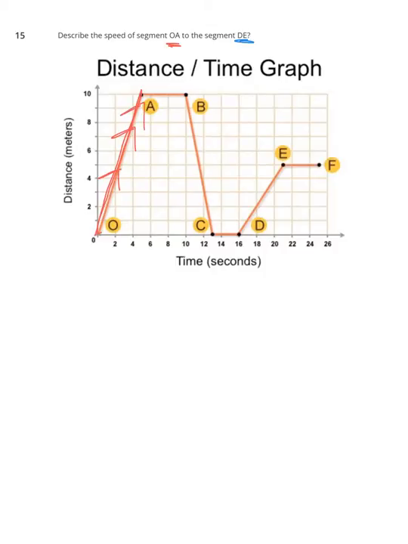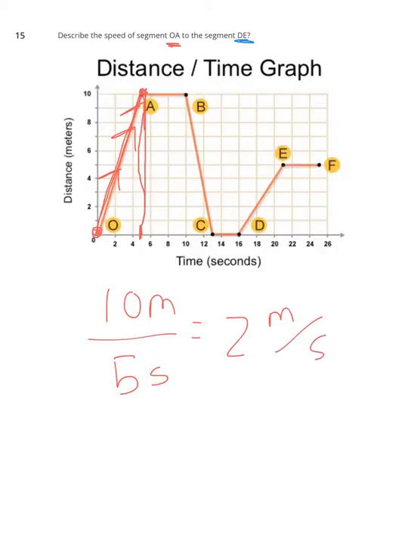The distance that we travel starting at 0, ending at 10 meters, and then we're going to divide by the time, so I'm just going to go down here. Ooh, that's not a very straight line. Okay, but that's where the point would be if I would draw it straight down. So that's between 4 and 6 seconds, so that would be 5. And if my math is correct, that's 2 meters per second.